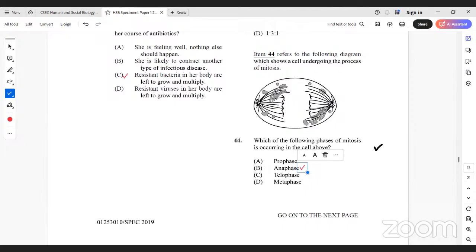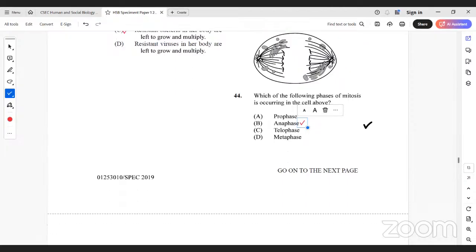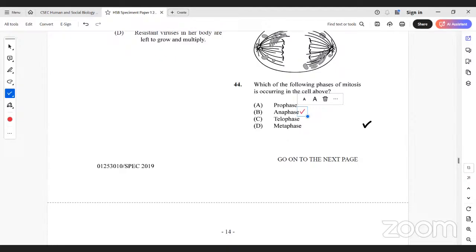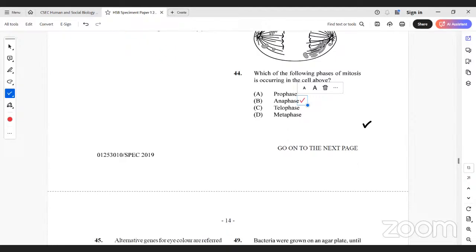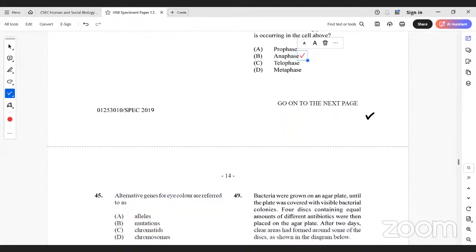And prophase is the early one. So I hope you understand. Telophase is the final phase. So the answer is B.